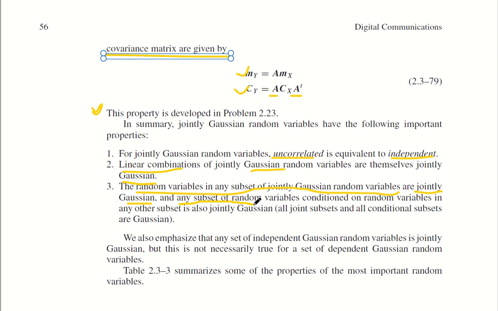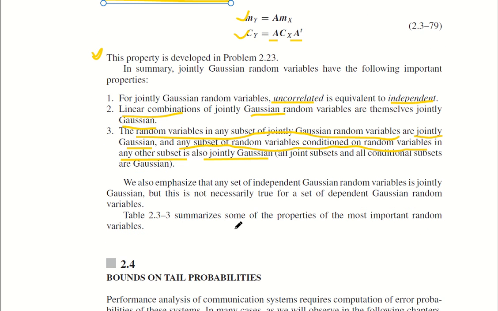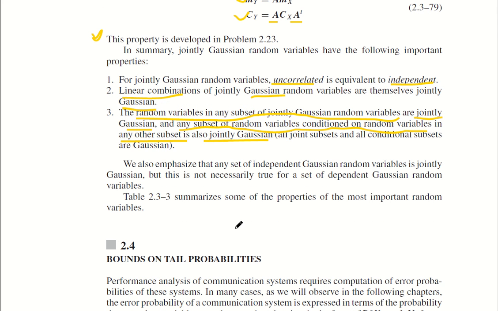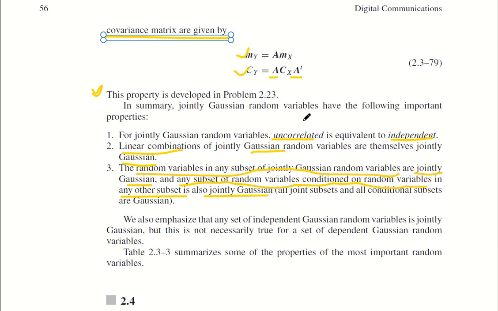Any subset of random variables conditioned on random variables in any other subset is also jointly Gaussian. Okay, so I think we go up to here and take a break and come back later.